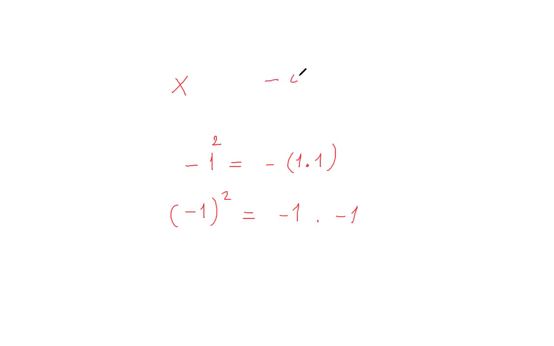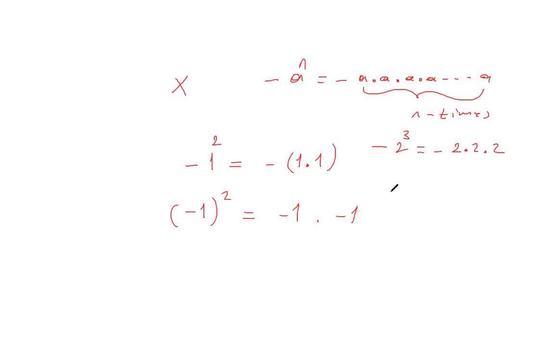Or negative a to the n means negative of a times a, n times. For example, negative 2 to 3 means negative 2 times 2 times 2. But (negative 2) to the power of 3 is negative 2 times negative 2 times negative 2. By chance this is negative 8, and this is also negative 8.